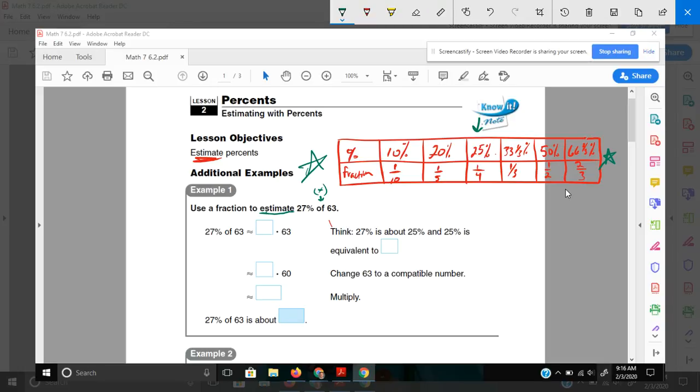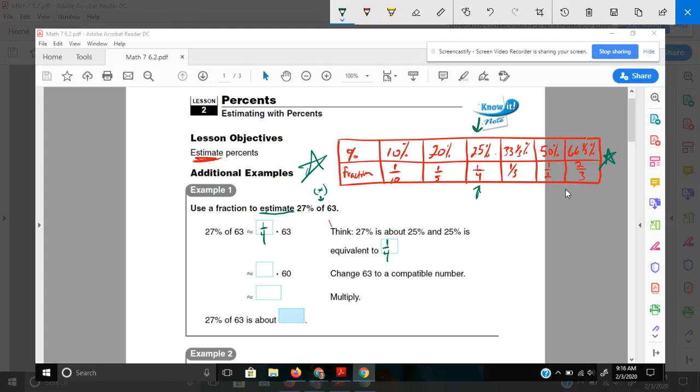So this is like saying 27% is about 25%, and 25% is equivalent to, well, we said it was equivalent to 1/4. So to find 27% of 63, I would change this percentage to a fraction. And again, I'm going to round it to 25%. So 1/4 of, remember, means times, 63.